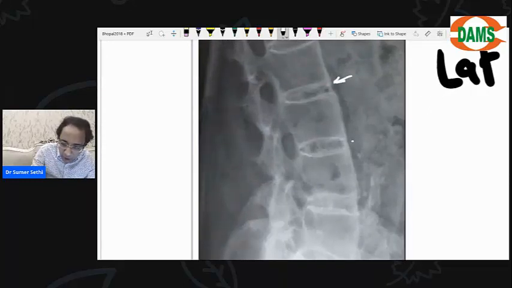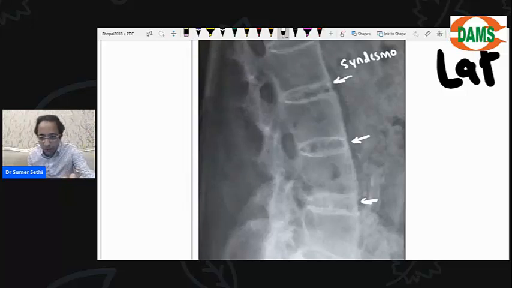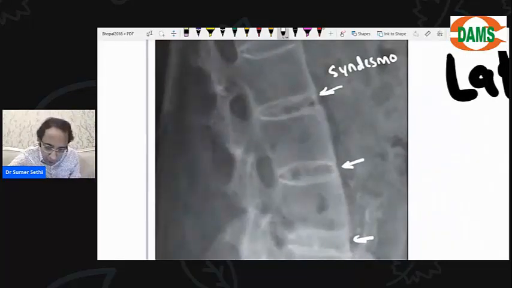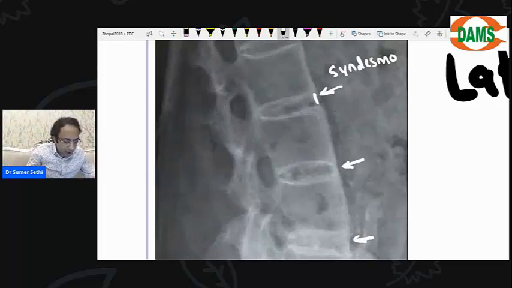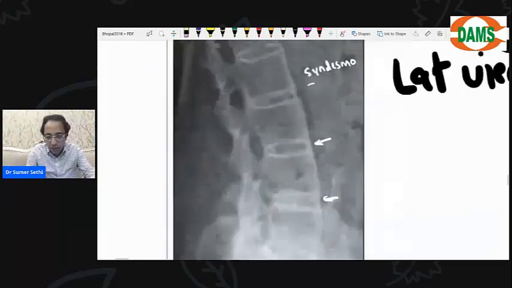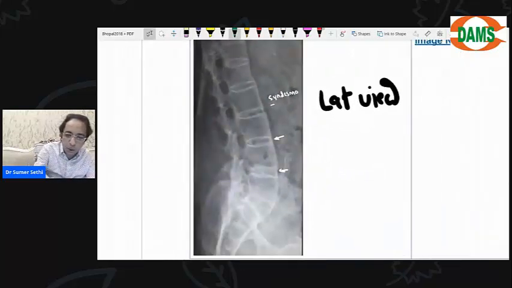The vertebral corners will be joined together by syndesmophytes. Okay, are you able to see there is a bony bridge which is representing the ossification of the outer disc fiber, which is joining the vertebra together? Can you see that? So when you see this, you will call it ankylosing spondylitis.